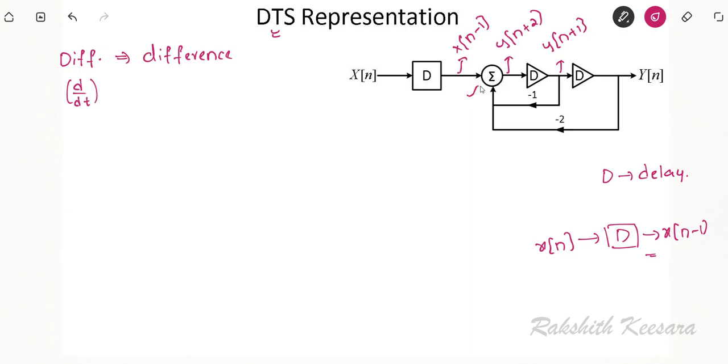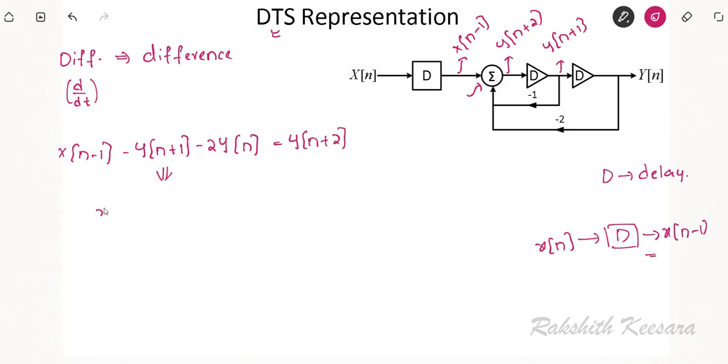Let us apply the same property. Sum of the incoming signals is equal to sum of the outgoing signals, that is x of n minus 1 minus y of n plus 1 minus 2y of n is equal to, what is the output? y of n plus 2.